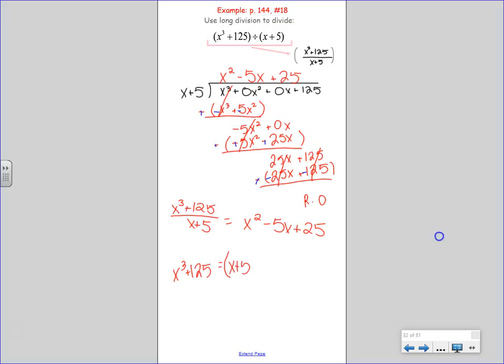Factors to be, take the cubed root of 125, the sign stays the same. X squared minus, that same number x, the sign is opposite, plus 5 squared, and the sign is always positive.